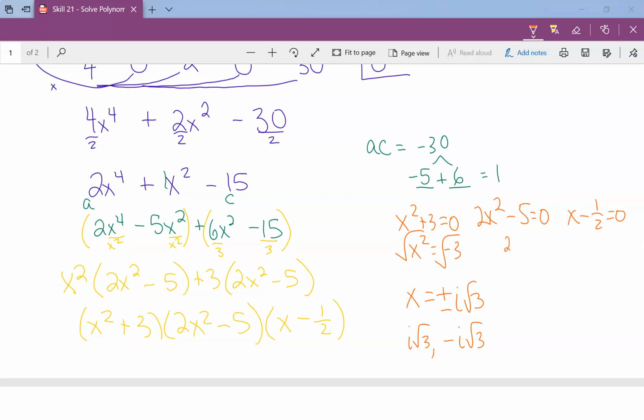Next one, I'm going to add 5 to both sides and divide by 2. So I get x squared equals 5 over 2. And then I take the square root, and I'm going to have x equals plus or minus radical 5 over 2. So we could think of that as radical 5 over 2 and negative radical 5 over 2.